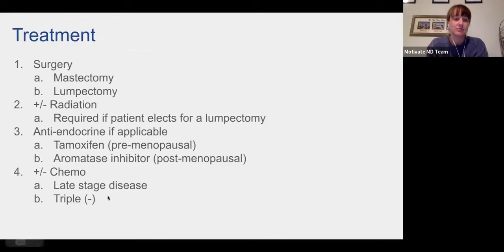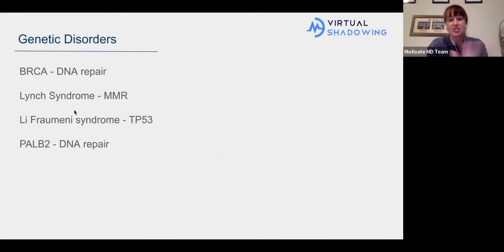Okay, the next, oh, too far. The next thing to briefly talk about is Li-Fraumeni. Li-Fraumeni is a mutation in P53, which is big and bad. P53 is like the guardian of the genome. It's responsible for deciding whether or not a cell can continue through replication or whether it'll freeze it, right?